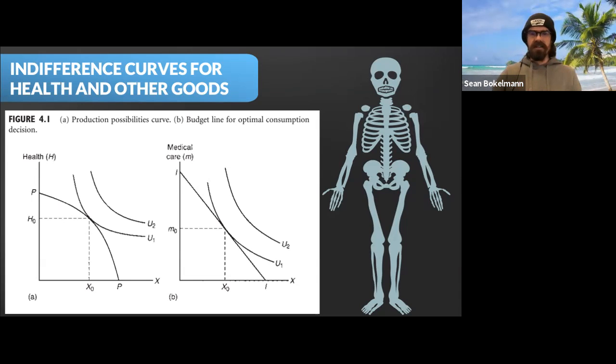The only difference is that these indifference curves have been transformed by the production function, H equals G of M. One way of thinking of this transformation is if you drew figure A on a rubber sheet, the production function for health is stretching that in different ways to arrive at what we see in B. It's stretched in such a way that the PPF becomes a straight line and ultimately becomes the budget constraint.